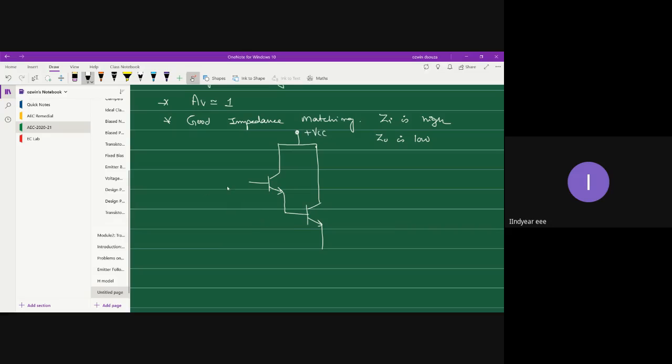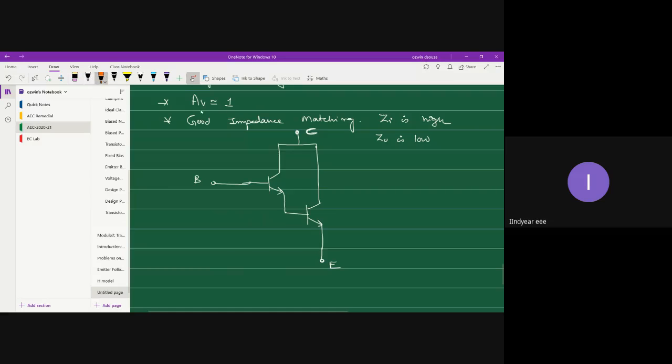This is your base terminal. I will not write VCC; let me just take this as the collector terminal, and this is your emitter terminal.